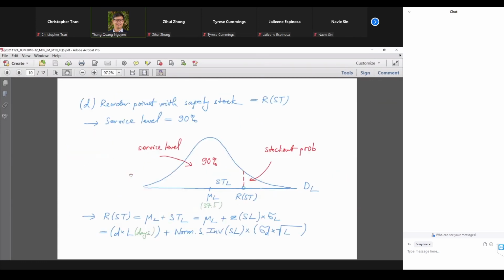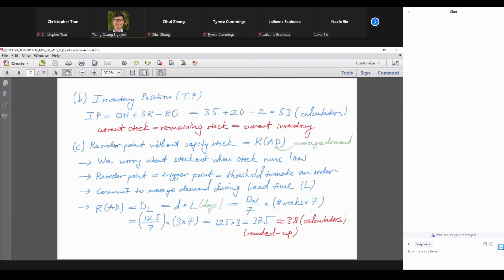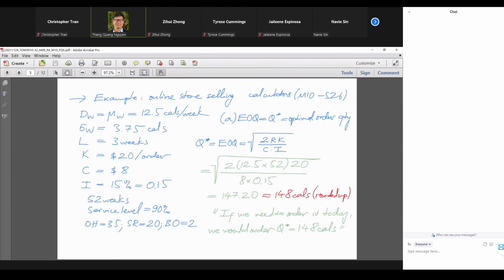Then we can move on to module 11. Module 11 is quite close to module 10. Of course, there's something different there, but the way to do it is quite similar. So let me go back to the example here, briefly review, and then we move on to the new thing.